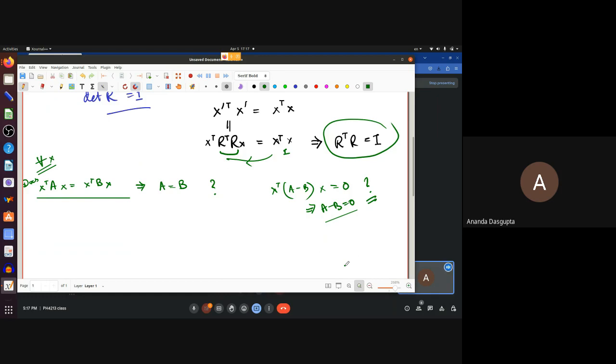Then you would get a 0, for all x, remember, not for one particular x. In other words, suppose I have x transpose Cx is 0 for all x. Is C equal to 0? If C is equal to 0, no problem. If C is equal to 0, x transpose Cx is 0. Does it work this way?